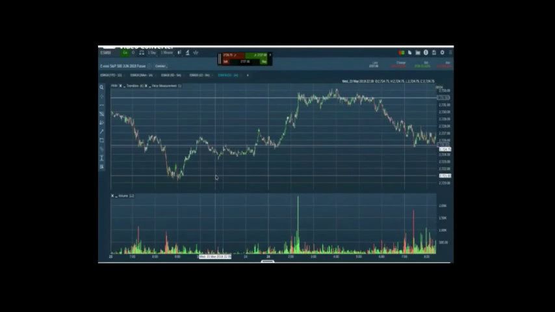So we're here looking for a 27.25 entry. So that's up to 27.30. If you notice, 27.30 is the overnight, early this morning level of support that was broken through and came all the way down here to test 27.25.